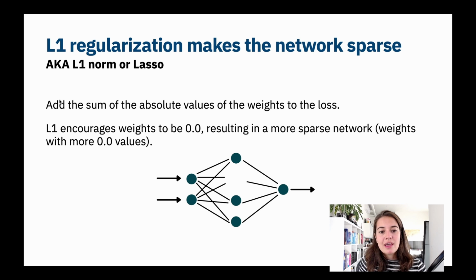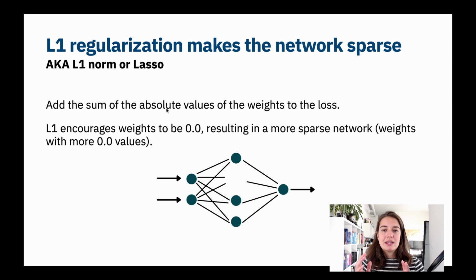L1 regularization, as I said, adds the weights to the loss function to penalize the network for having higher weights. And how it does this is it adds the absolute values of the weights to the loss. We're saying absolute values here because weights might have negative or positive values. So if you just sum them up, they might just be zero. If you have weights that are -4, -3, -1, and you also have weights that are 4, 3, 1, if you sum all of them, you're going to have 0, and then your model is not going to be penalized.